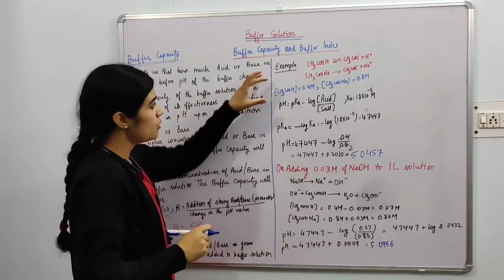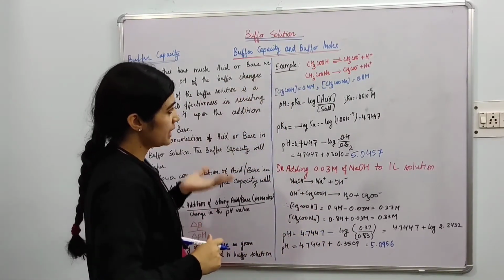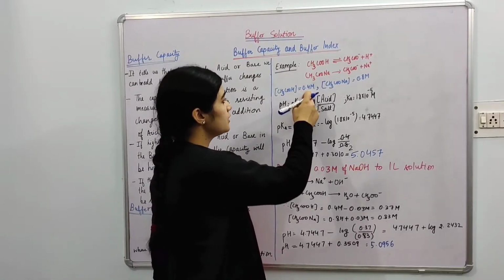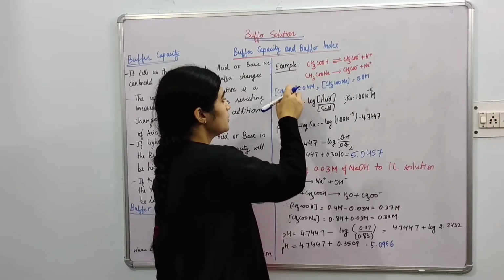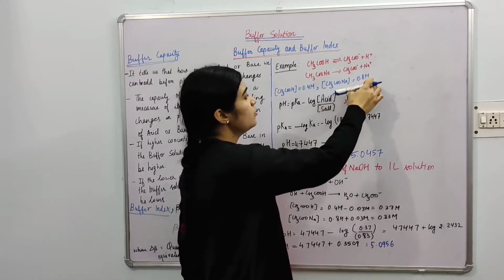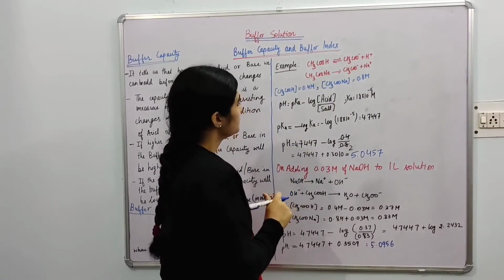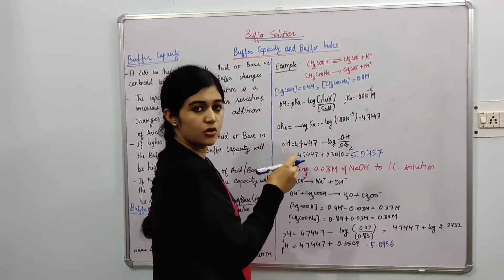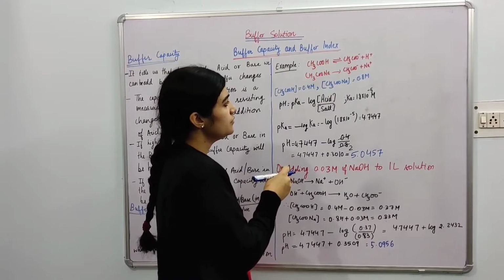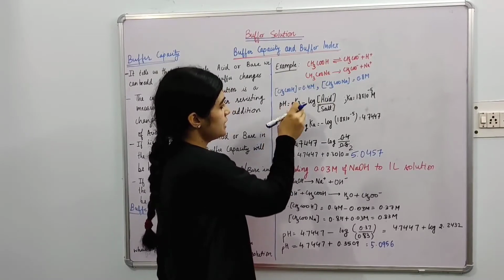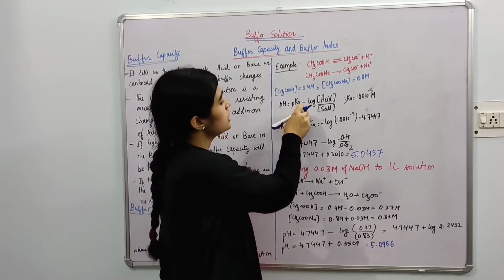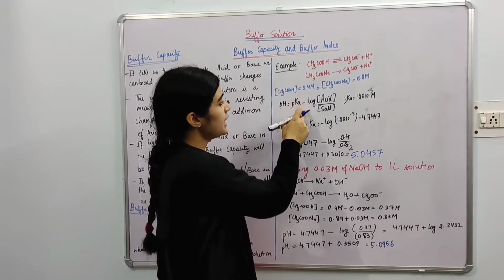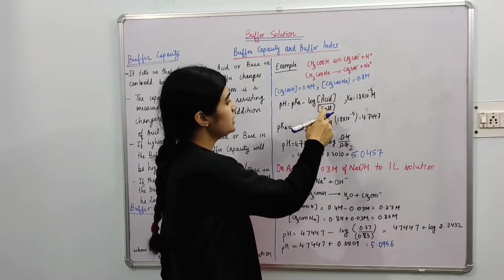Let's say while preparing this buffer solution, we have taken 0.4 molar acetic acid and 0.8 molar sodium acetate. To find the pH of this buffer solution, we will use the Henderson-Hasselbalch equation: pH equals pKa minus log of acid divided by salt.